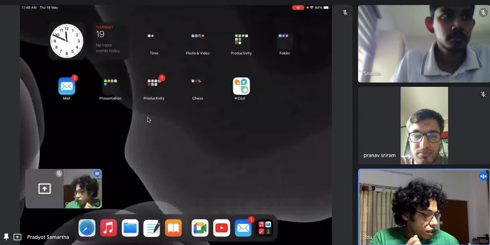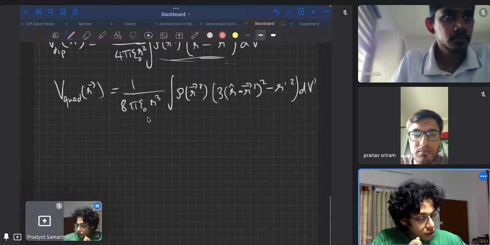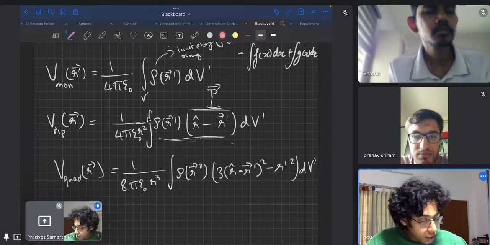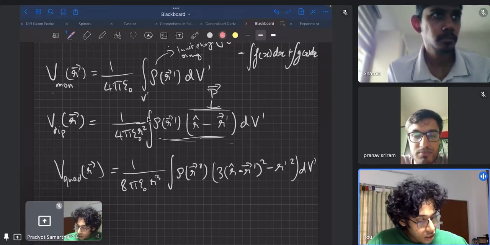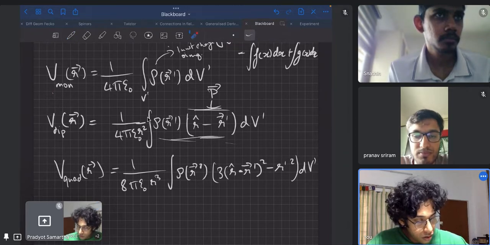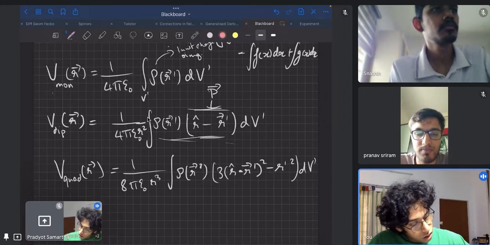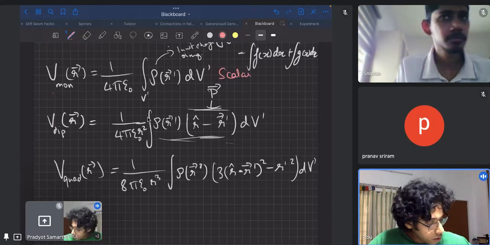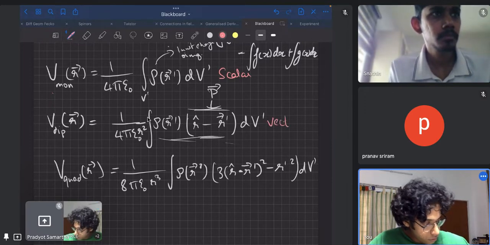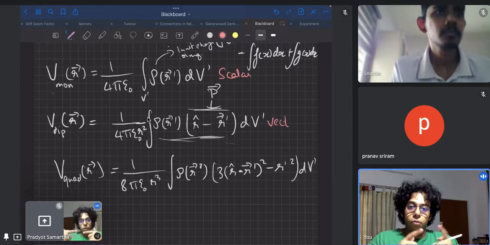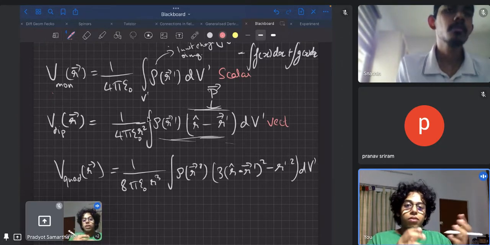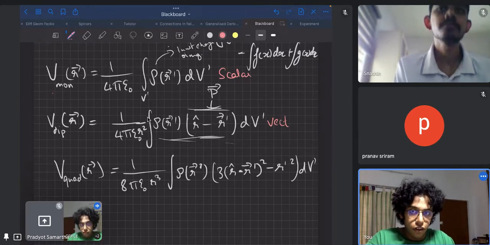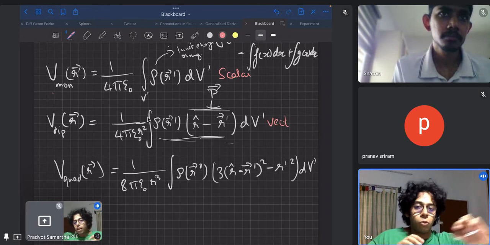So basically now, one more thing that you probably need to keep in mind is that this integral is a scalar, and this integral is a vector, because you have the subtraction of two vectors here, which is another vector, within the integral itself, right? And don't worry about the density.